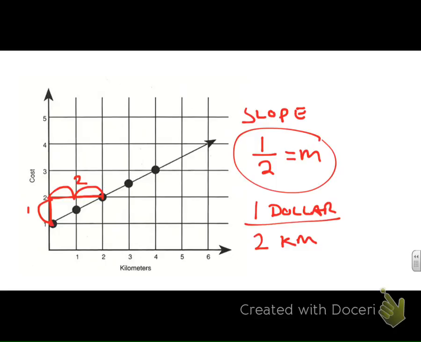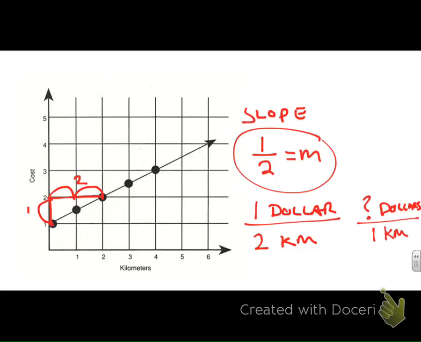Well, for a unit rate, remember before I wanted the miles for 1 gallon, I want to know how many dollars for 1 kilometer. That's what I'm trying to figure out.